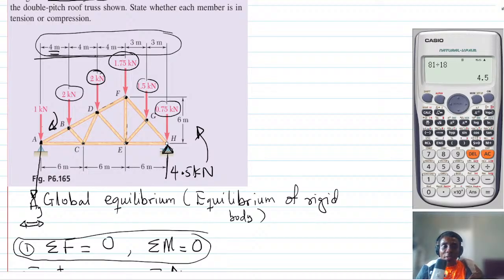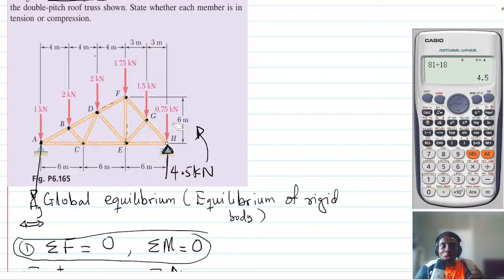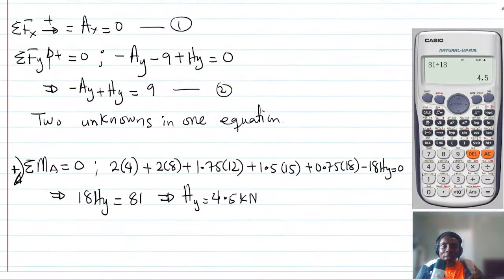So if you look at everything here, we are done. But we are coming to now find the forces. So before you even start anything, what is AY? Let's substitute HY into equation 2.